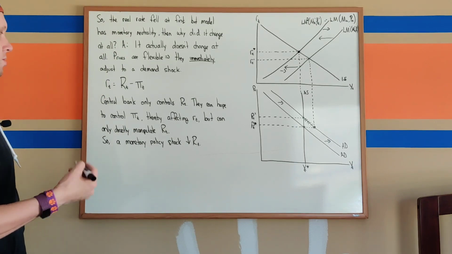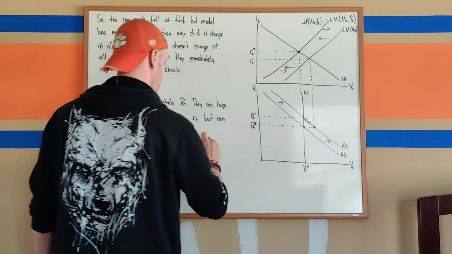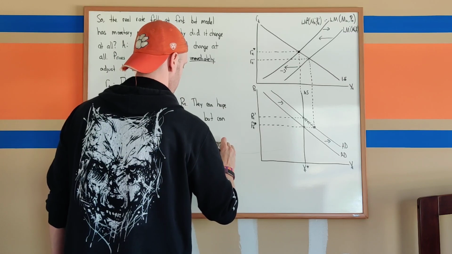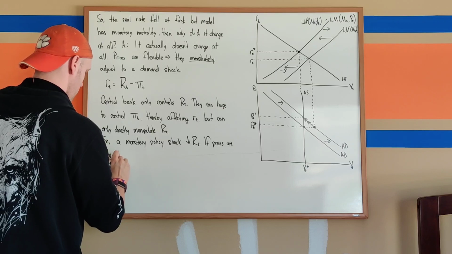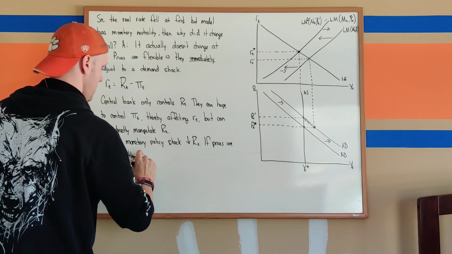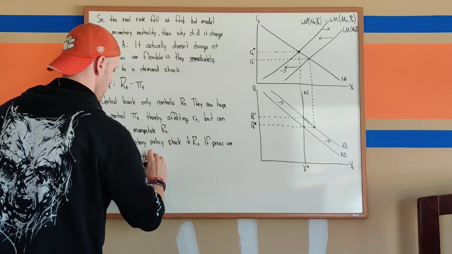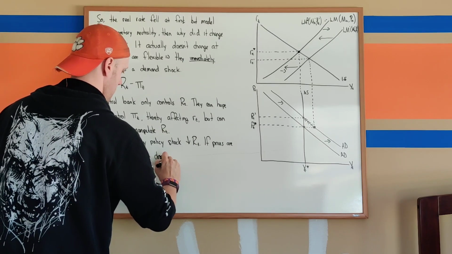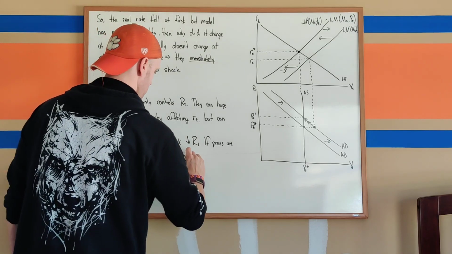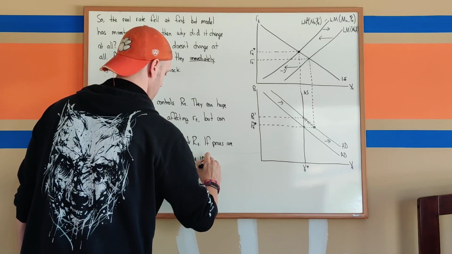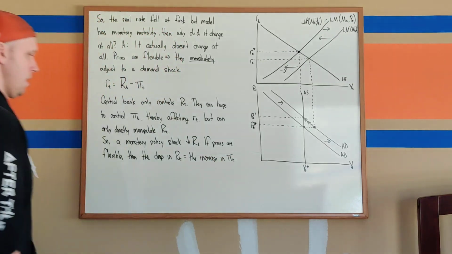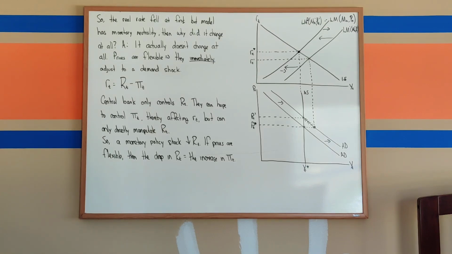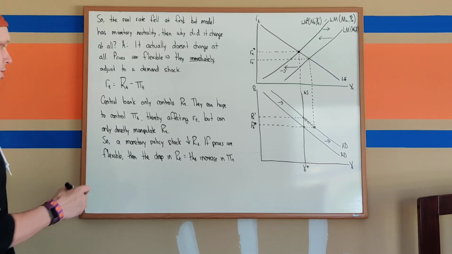So they reduce the nominal interest rate, and if prices are flexible, the drop in the nominal interest rate is going to be equal to the increase in inflation.